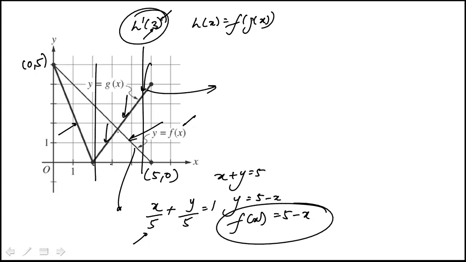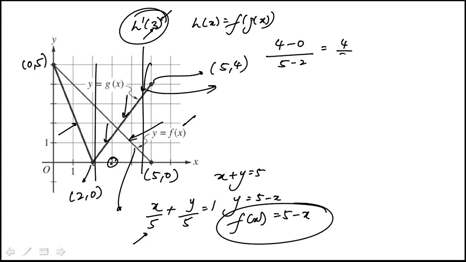So I have to do the same thing with this g, and I'm only looking at this linear portion because, again, I'm interested in the derivative at 3. So this point here is 2, 0, and that point is 5, 4. So I can find the slope of the function g, difference in the y-coordinate over the x-coordinates, that is 4/3.